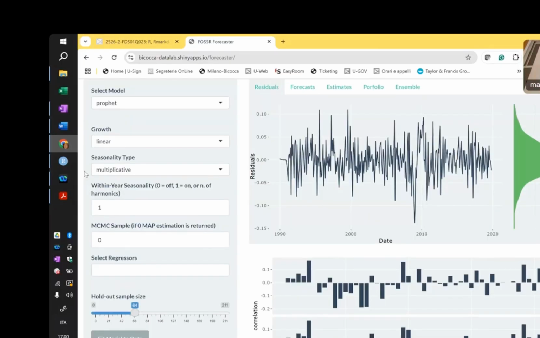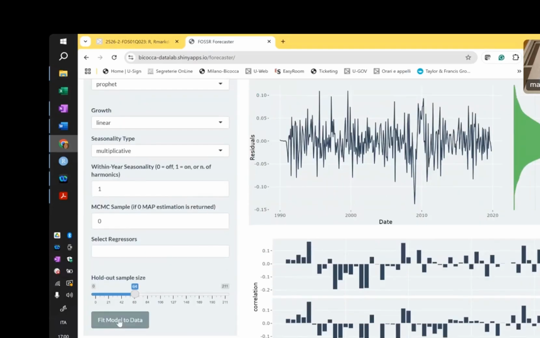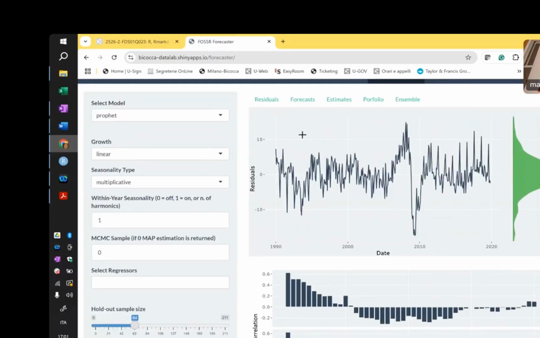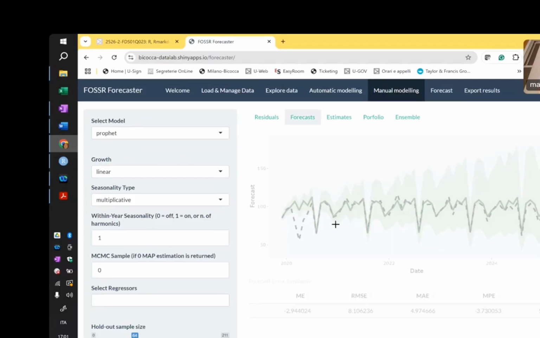So we can leave the default. The default is fine. This is what Facebook does. Okay, so we can beat Facebook. It's very bad. It's a terrible model, and the forecasts are terrible.